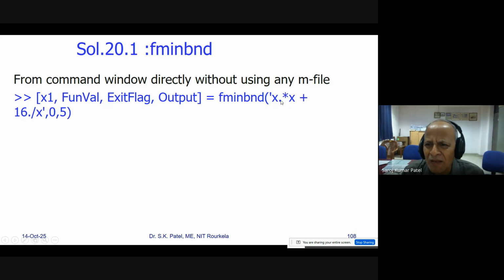That is x square plus 16 by x, so apostrophe open, x square is x dot star x, so before that put a dot, plus 16 by x is 16 dot divided by x, apostrophe close. Then put a comma, then write the lower bound of x, that is 0, comma, upper bound of x, that is 5. If you press enter here, you get the result.